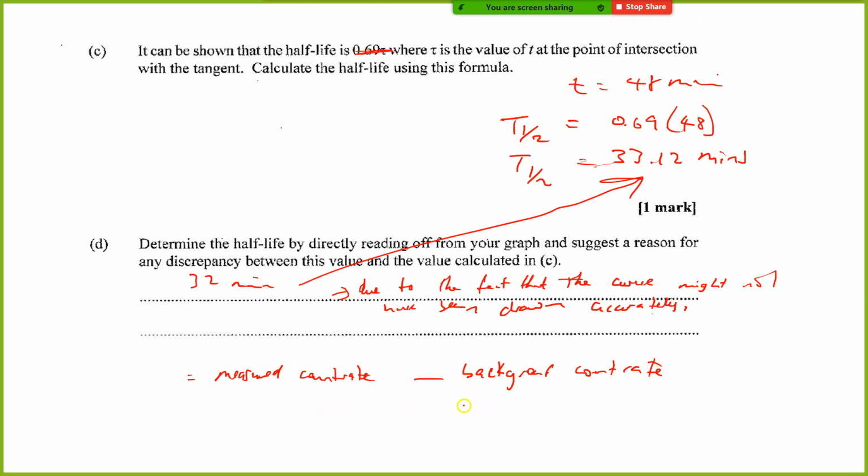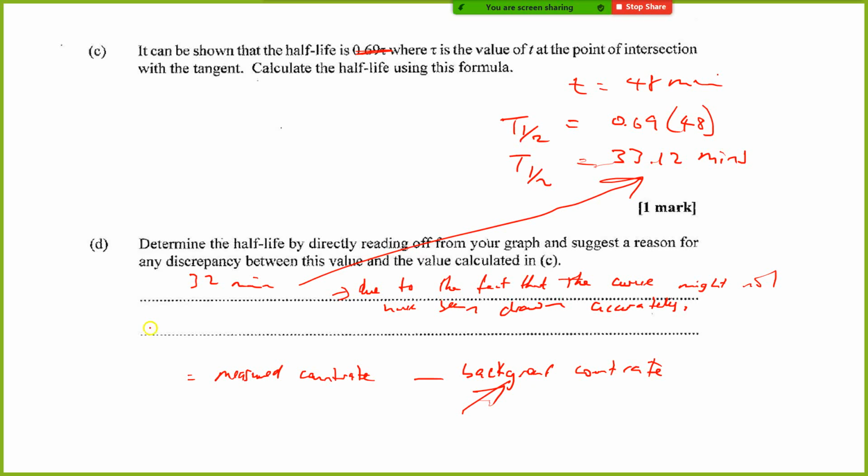you would allow the device, which is possibly a Geiger-Müller tube, to measure the background radiation. You just have it running in the room for a period of time, and it will pick up some radiation. Then you would conduct the experiment using the sample, and you're going to get a value. That value is basically the count rate of the substance plus the background radiation.